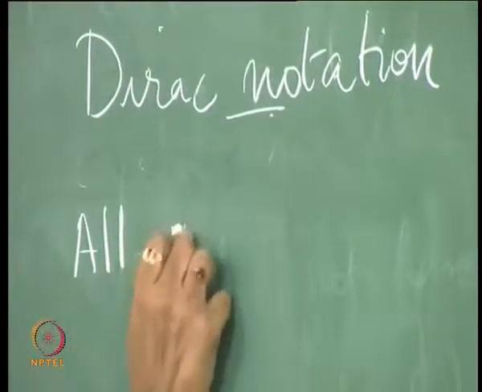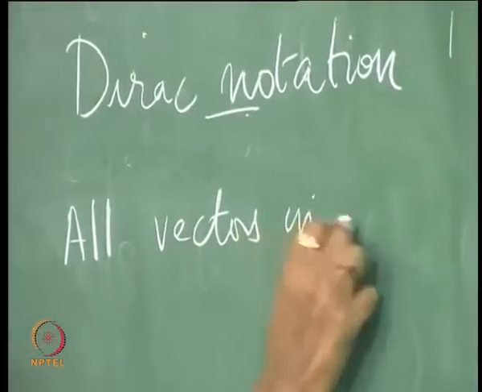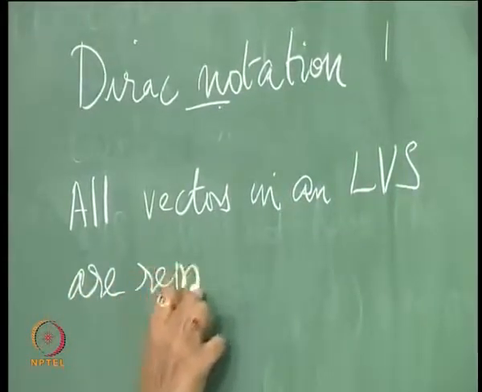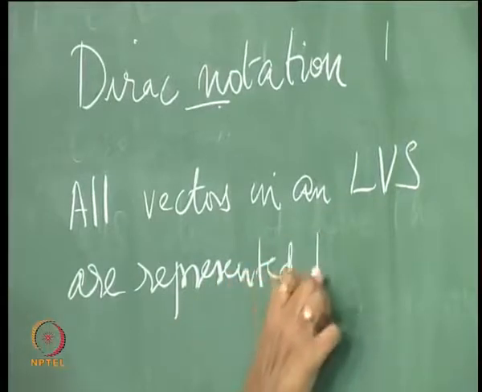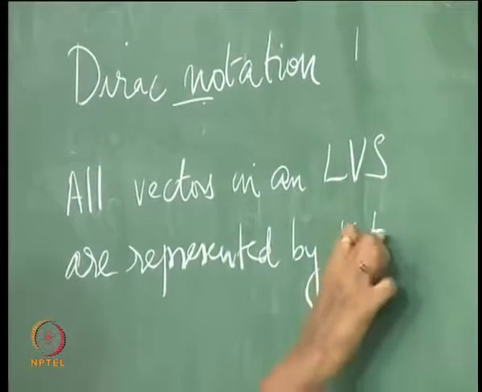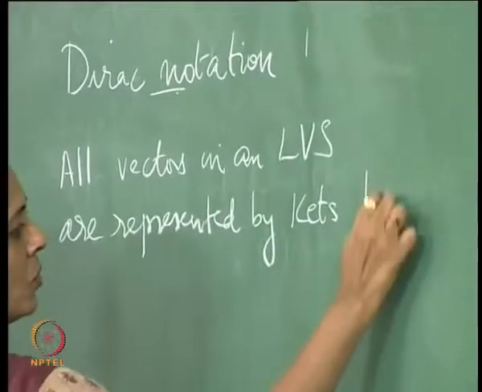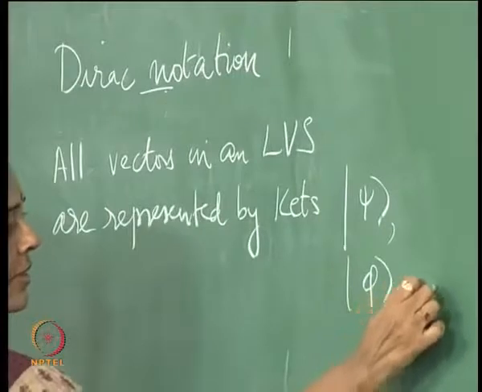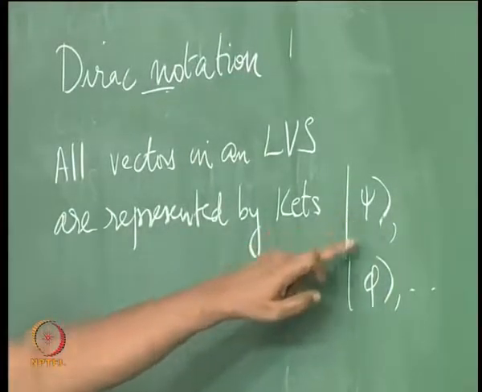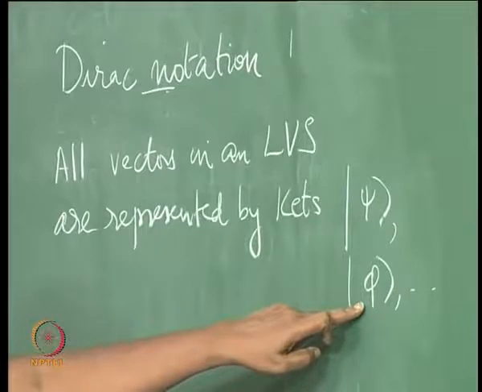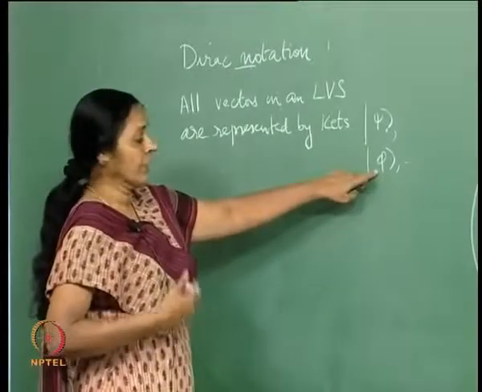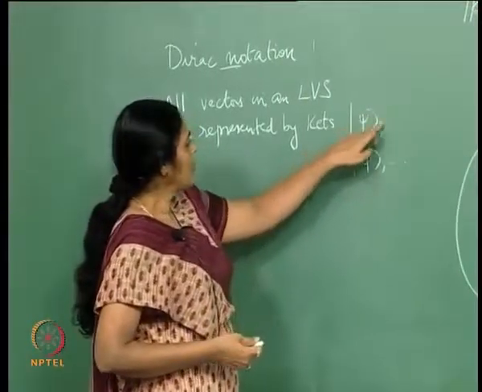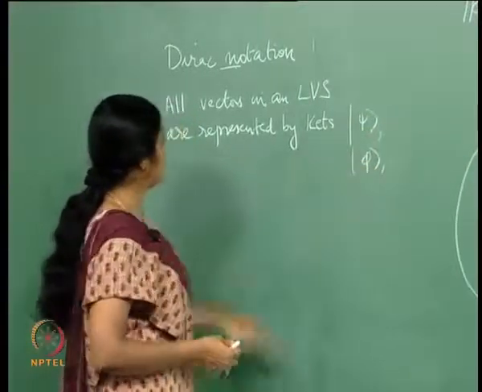All vectors in an LVS are represented by kets. What are kets? This is a ket, as ket psi, ket phi and so on. Psi is a vector, phi is another vector in the linear vector space. You can call it a vector, you can call it a state in a linear vector space. So, I put it like this: this is a ket.